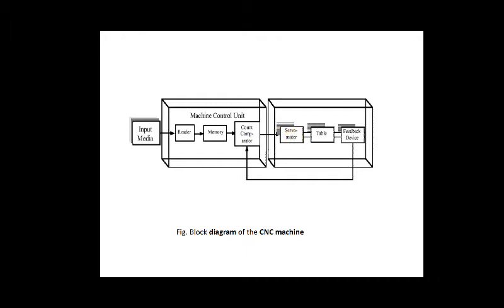Electrically controlled servo systems permit the slides of the machine tool to be driven simultaneously and at the appropriate speeds and directions so that complex shapes can be cut, often with a single operation and without the need to reorient the workpiece. Okay, this is the block diagram of the CNC machine.